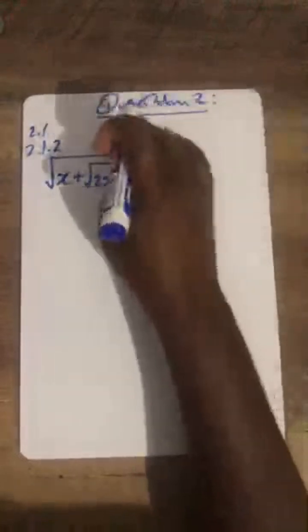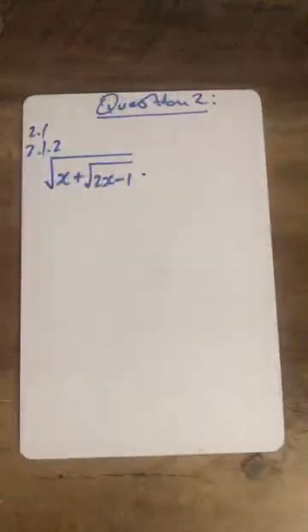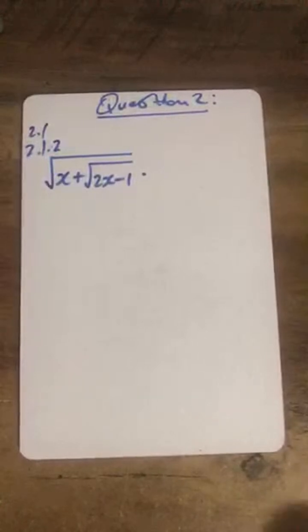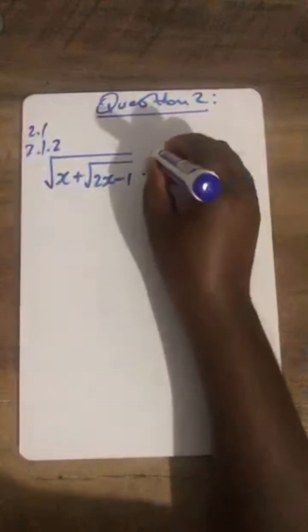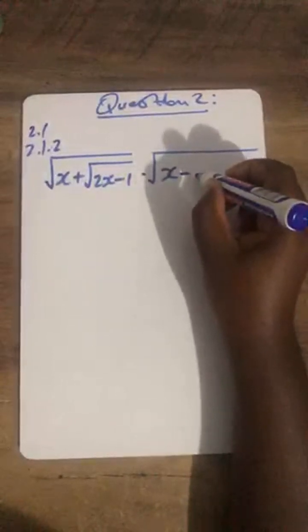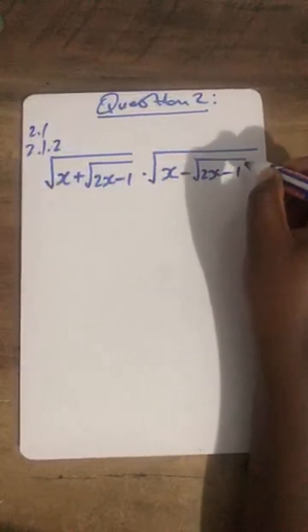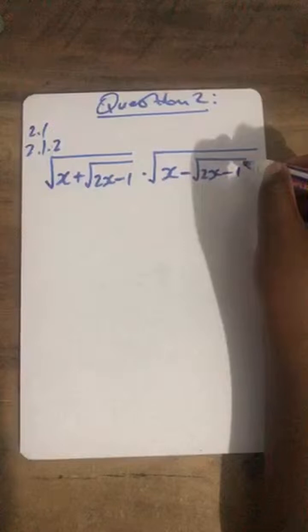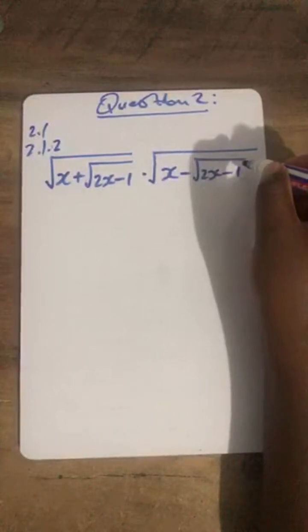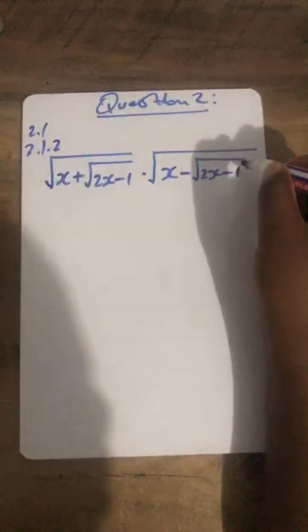Okay, no, I did copy it correctly. This is that. And then multiplying by, again, another square root. Here we have x, but here it's a minus. And then we have 2x again minus 1. Yes, I think I have worked it out correctly there. Did I copy it correctly?